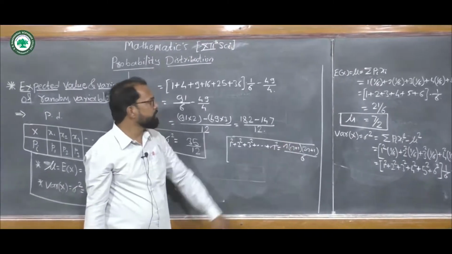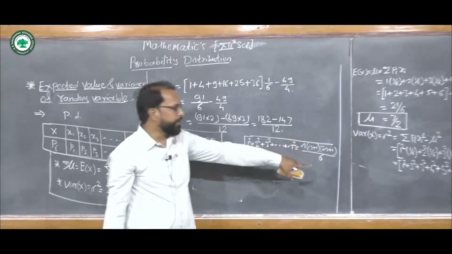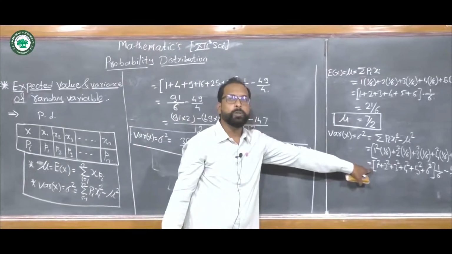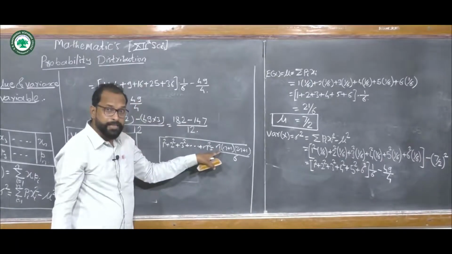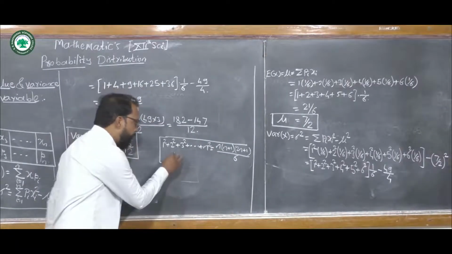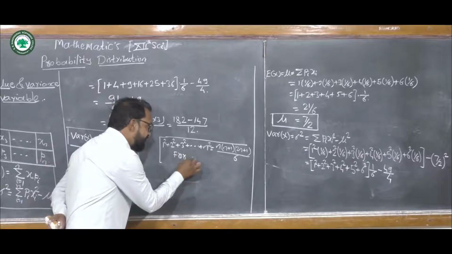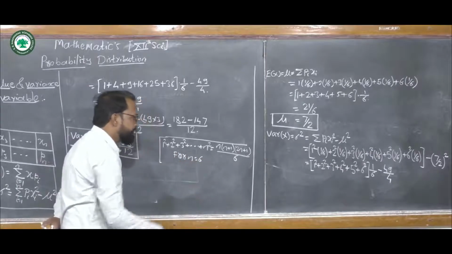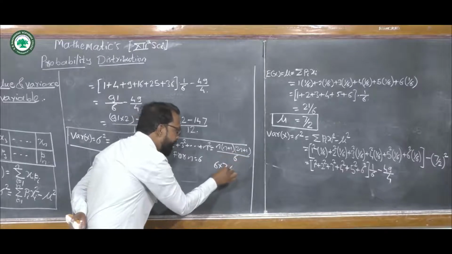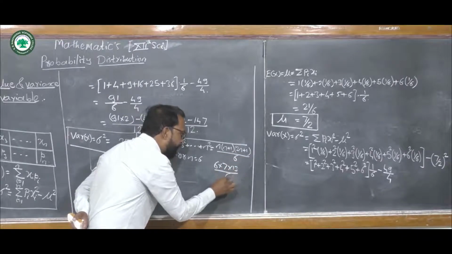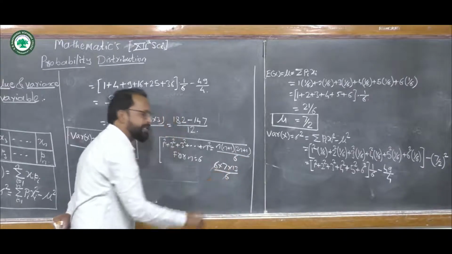Here the n is 6. We take here the sum of squares from 1 to 6. So if we put n equals to 6, this becomes 6 into 7 into 13 upon 6. This 6 gets cancelled.